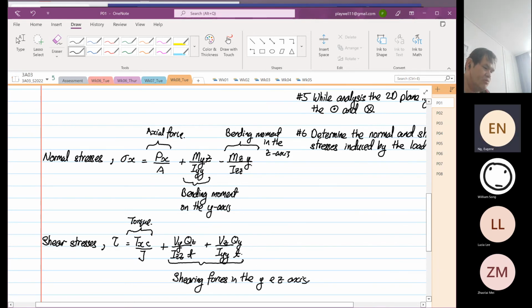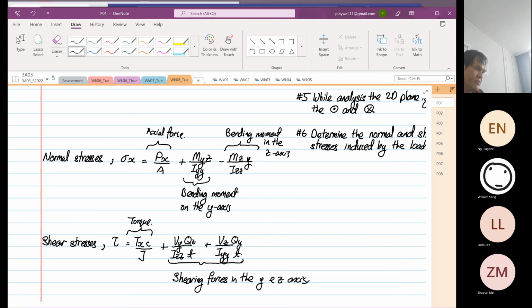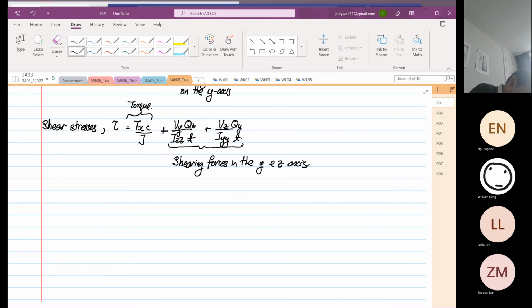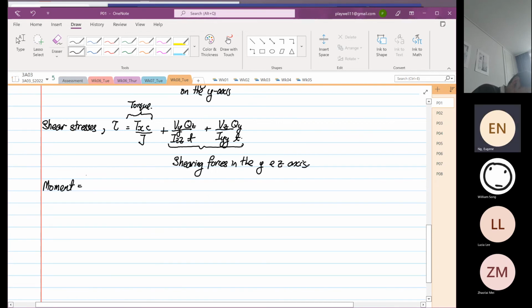Right. So the next thing, where a lot of engineers make a mistake, is this. We are aware that moment is equal to force multiplied by perpendicular distance.